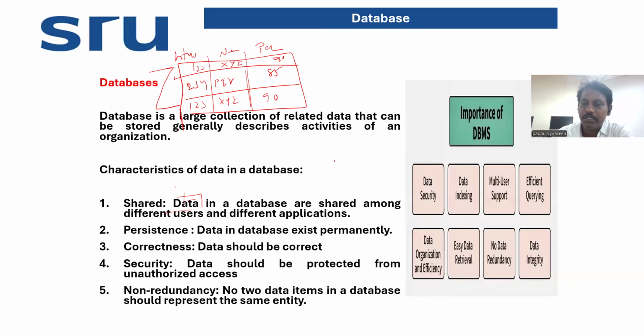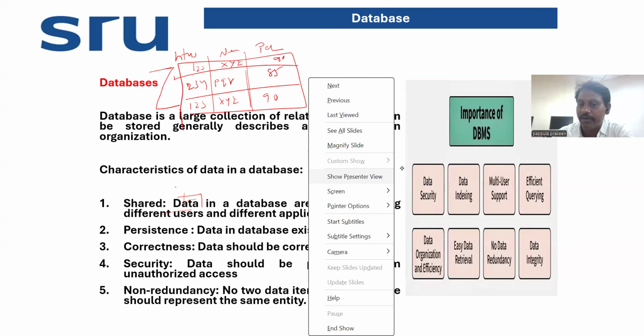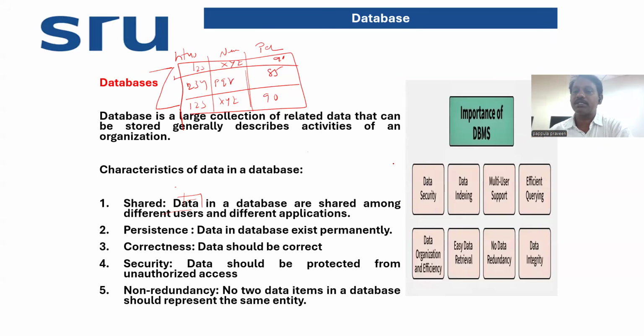Right? This is the importance of DBMS: data security, data indexing, multiple user support, efficient queries like joins, indexes, and sequences, right? And data organization and efficiency, and easy data retrieval. We can use ISAM, the indexed sequential access method. We have commands in Oracle, and data integrity.